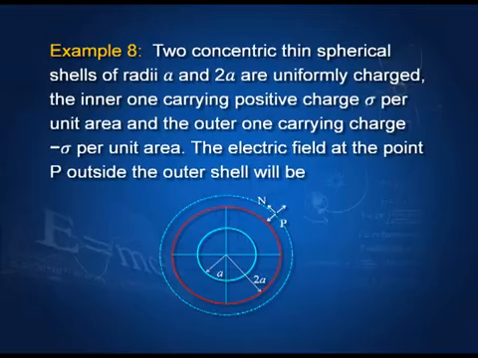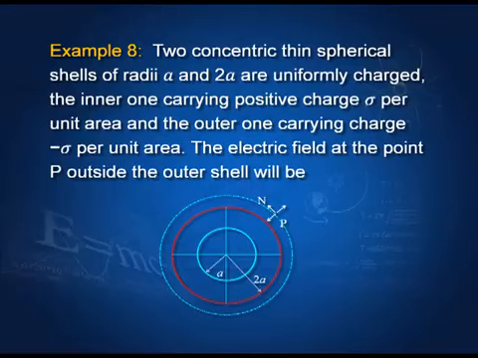All right, let us modify this now. Again we have two concentric thin spherical shells of radii a and 2a, same thing, but now the inner one carries a positive charge which has sigma per unit area, and the outer one has charge minus sigma per unit area. It is not the total charge that is given, it is the charge per unit area which is given.